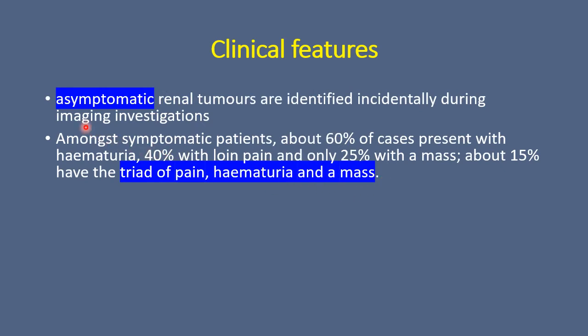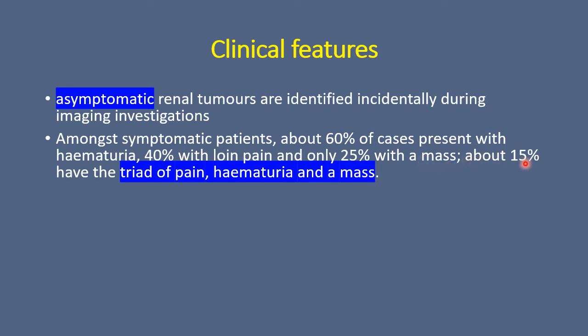The clinical features of renal cell carcinoma. A large majority of patients with renal cell tumors are identified only incidentally during imaging investigations. They are basically asymptomatic. Amongst the symptomatic patients, about 60% present with hematuria, 40% with loin pain, and only 25% with a mass in the loin.